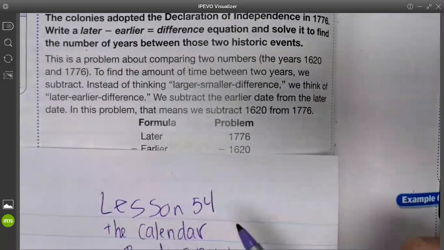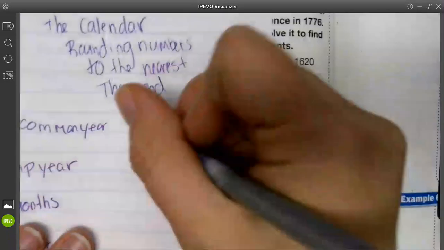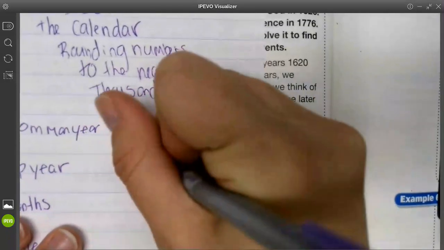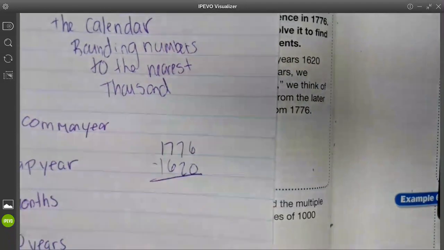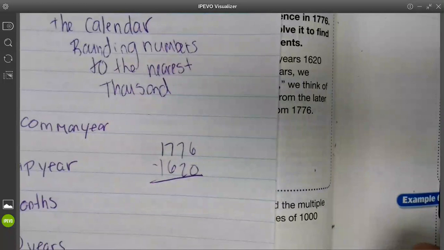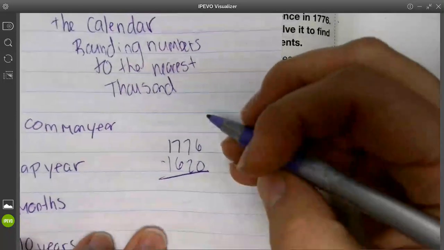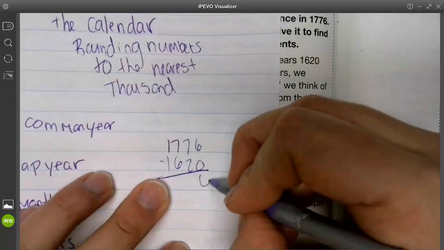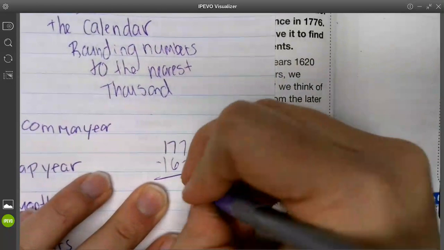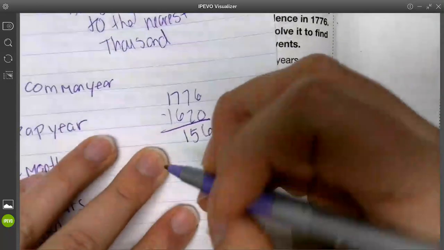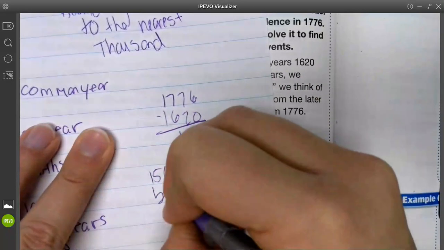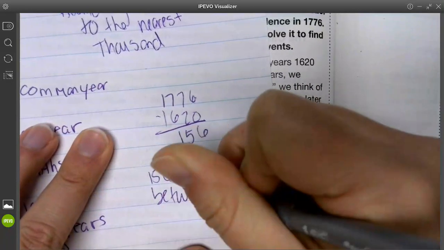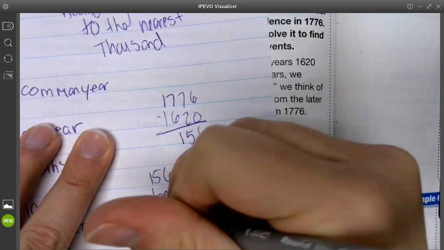So we subtract the earlier date from the later date. So I'm going to do over here, 1776 minus 1620. We are trying to find how many years in between, not what year. We're trying to find how many years. So 6 take away 0 is 6. 7 minus 2 is 5. 7 minus 6 is 1. So there are 156 years between those two events.